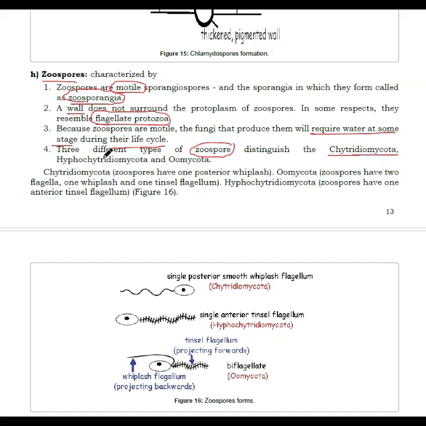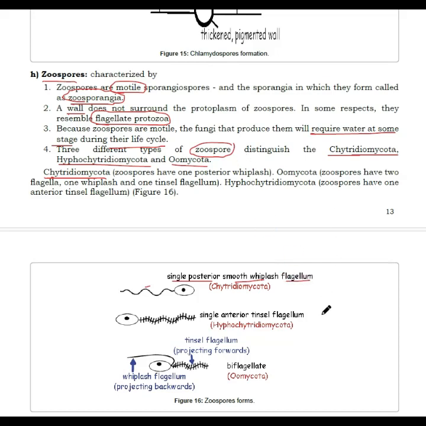Chytridiomycota, Hypochytridiomycota, and Oomycota. So three different types of zoospores are there which distinguish these three groups: Chytridio, Hypochytridio, and Oomycota. In Chytridiomycota, the zoospores have a single posterior smooth whiplash flagellum.